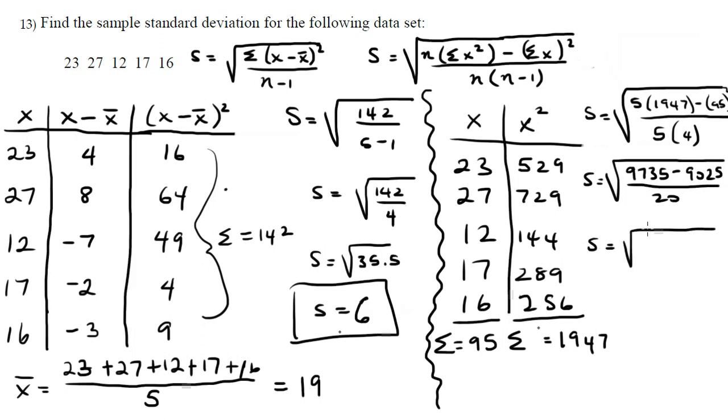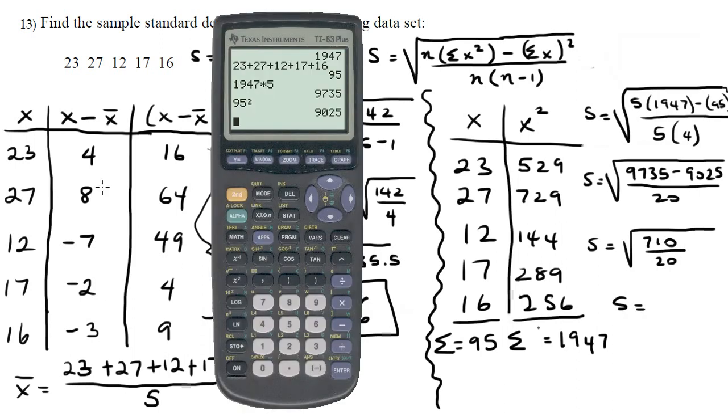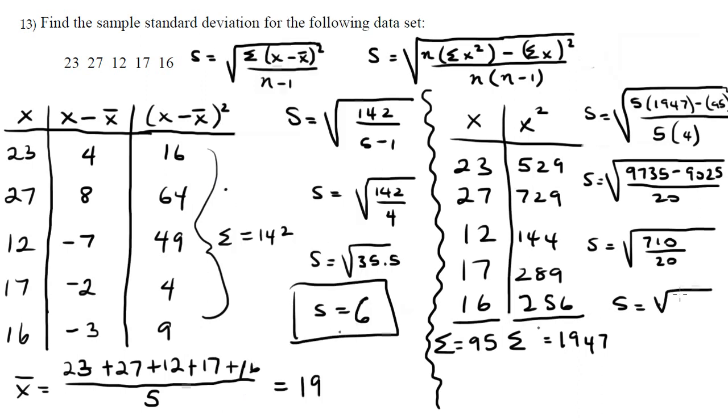So we've got the square root of 710 divided by 20. Let's hope that we get the same as the other side. 710 divided by 20. That's 35.5. That's the same thing we got over here. So we've got the square root of 35.5, right? Which equals, when I round, 6.